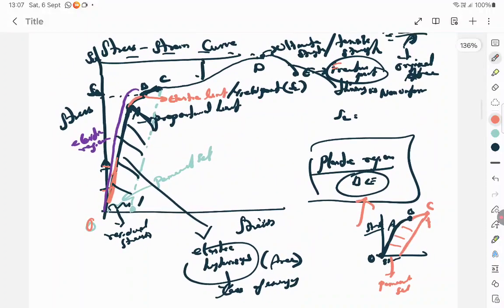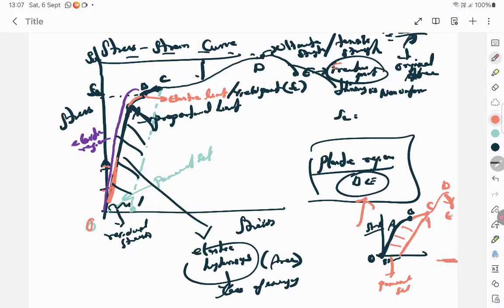It will be like a loose wire, beyond which the strain drastically increases, and at D is the ultimate strength, or tensile strength. Beyond the ultimate strength, you don't even have to increase the stress, or even on decreasing the stress, the strain keeps increasing, and that is called the fracture point.